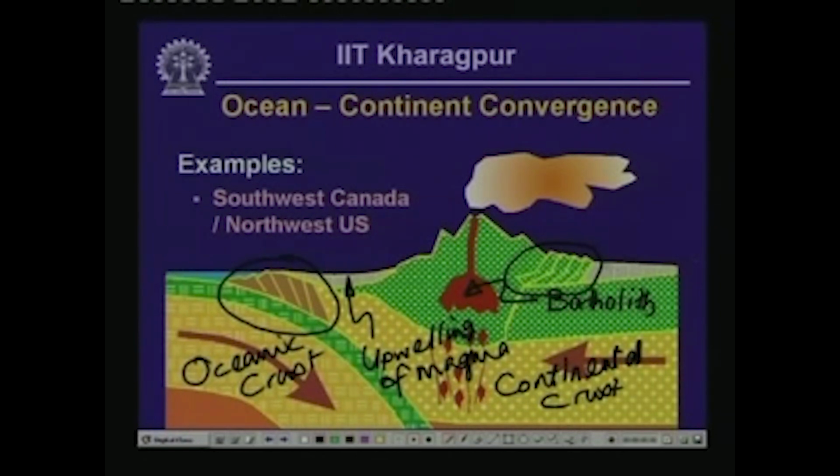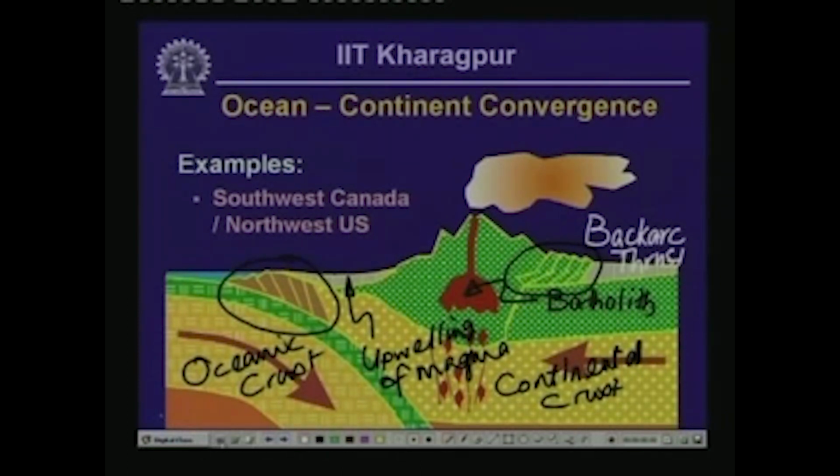This one is typically called a back arc thrust zone, where rock mass is failing because of the compressive movement, or compression, that is taking place within the continental crust. Further out, typically there is a valley which is filled with sediments, and that is called a back arc valley. So these are the features associated with ocean continent convergence.